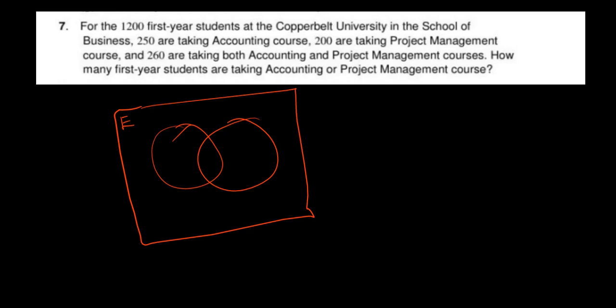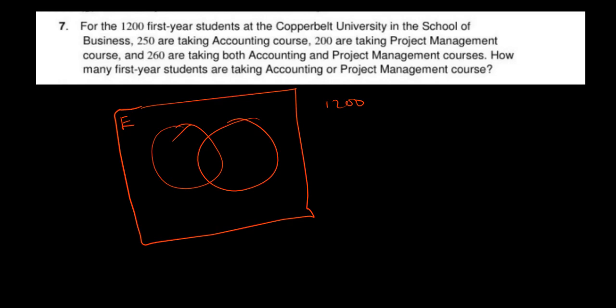So we are saying they total 1,200 first year students. 250 are taking accounts course, so that is just accounts. Then 200 are taking project management, and 260 are taking both.